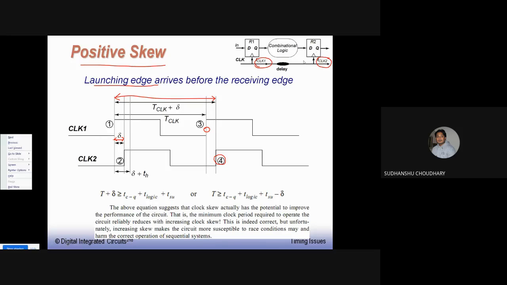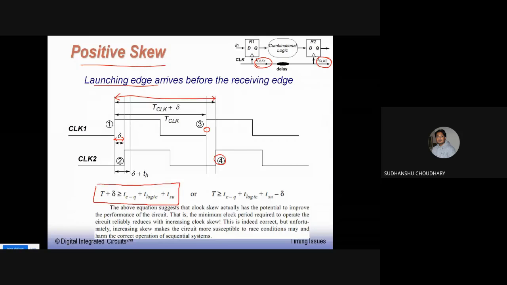If somebody asks me to find the minimum clock period required for this circuit to operate correctly, I'll utilize the same concept which we had seen in the previous lecture. The minimum clock period now, T clock plus delta, should be greater than or equal to clock-to-Q delay plus the delay of the combinational logic plus the setup time.